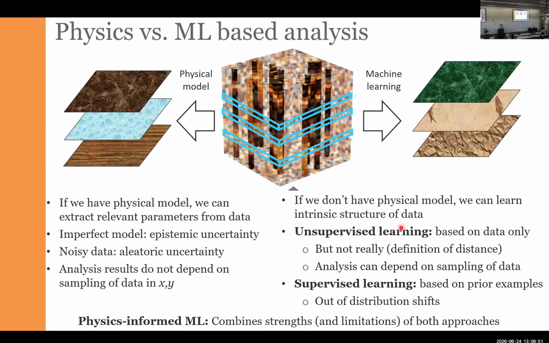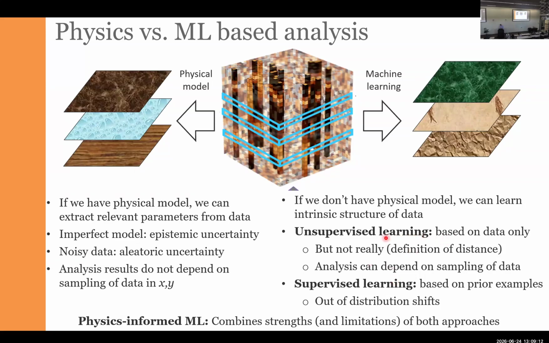If we don't have a physical model, we can use the intrinsic structure of data through unsupervised learning based on the data only, or supervised learning, meaning that we have some form of correlative model trained on previous examples that we apply to the new one. There are good things and bad things about these approaches.